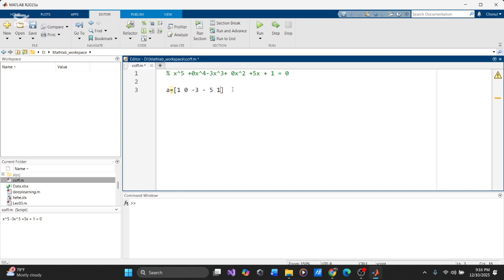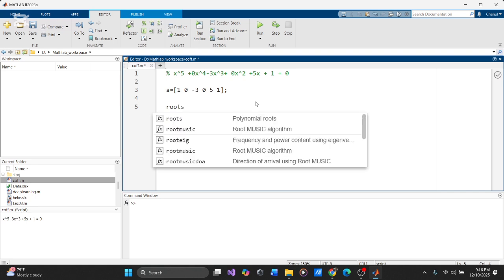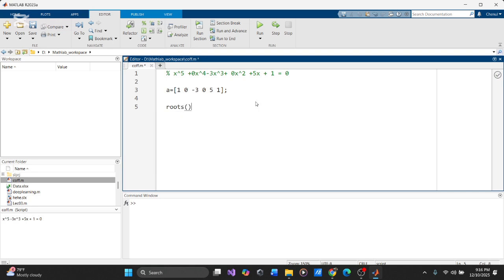So these are the coefficients: 1, 0, minus 3, 0, 5, 1. Okay, so using the method roots(A), I can find the roots of this equation.